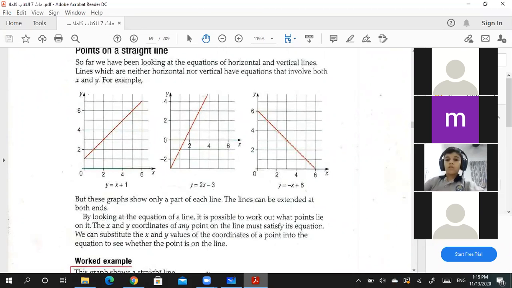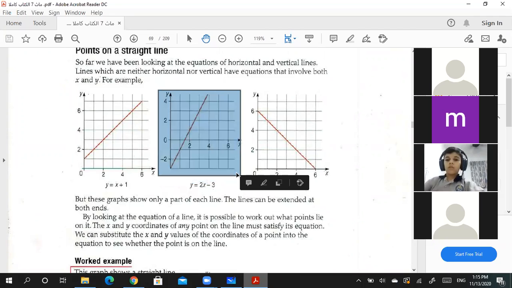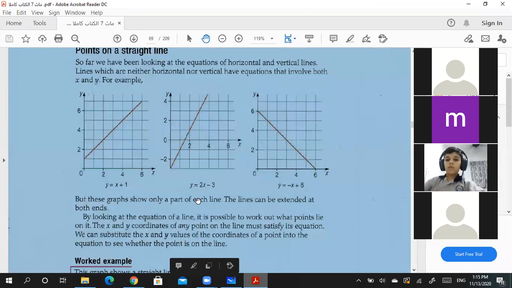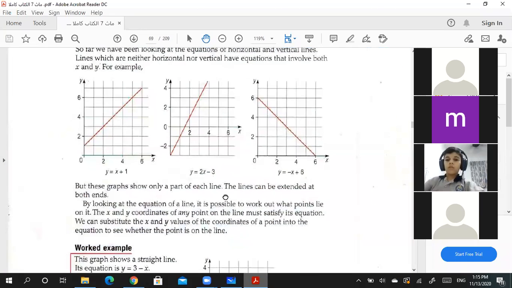I can ask you if this function satisfies this line, or is this the function of this line, for example, and you will test the points on the line in the function, and then you can tell me if this is the equation of the line or not by testing the points on the line in the function.